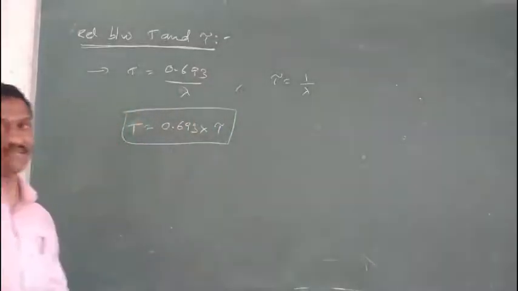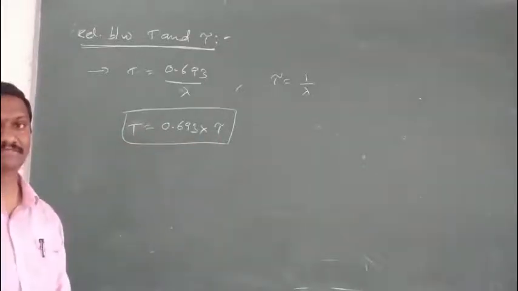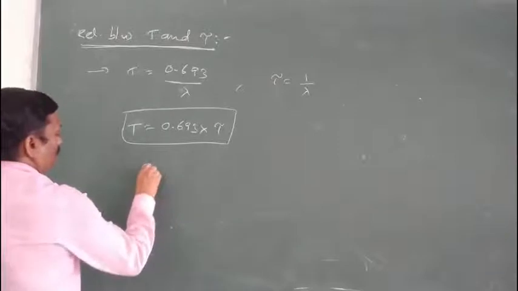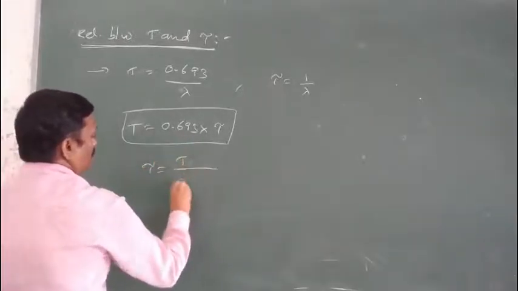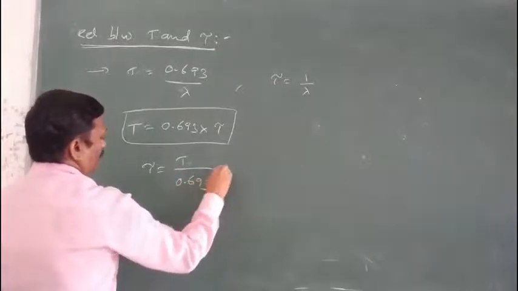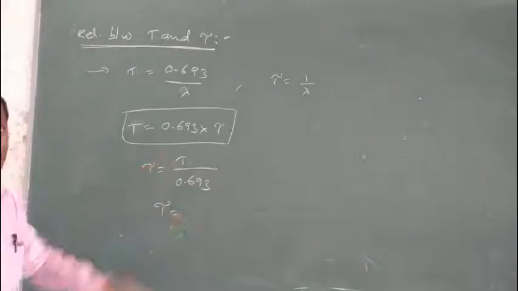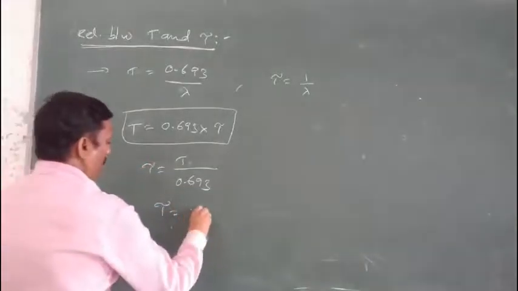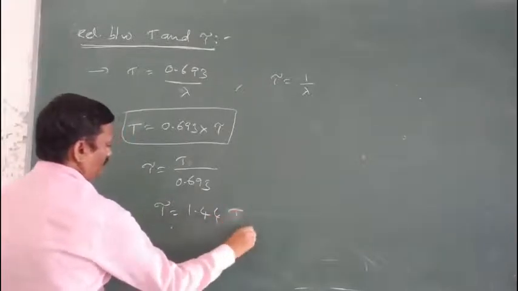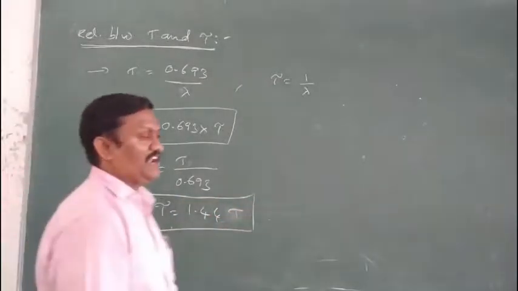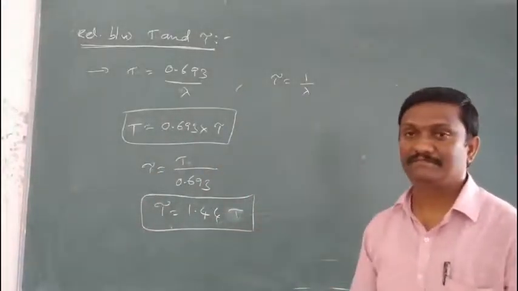So it is the relation between half-life and mean lifetime, or tau is equal to T by 0.693, or tau is equal to 1 by 0.693, means 1.44 into T. So mean lifetime is 1.44 times that of half-life.